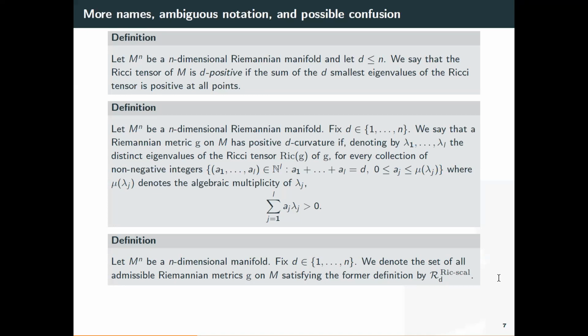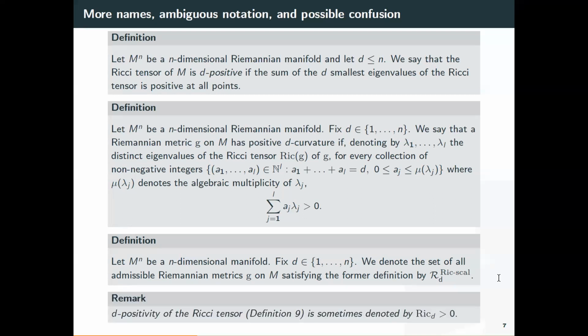So this is a huge difference from the former concept of intermediate curvature that we were looking at, because in the first case we were dealing with intermediate curvature varying from positive sectional to positive Ricci. Now we are varying from positive Ricci to positive scalar curvature. So two different notions. Be very careful. I just wrote here definition 9, but forget it.